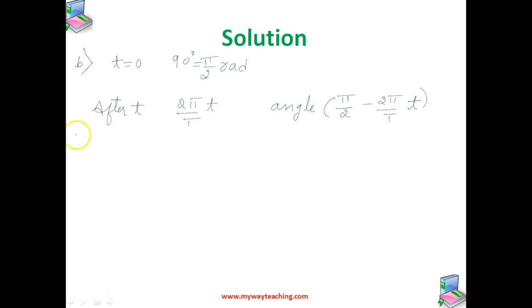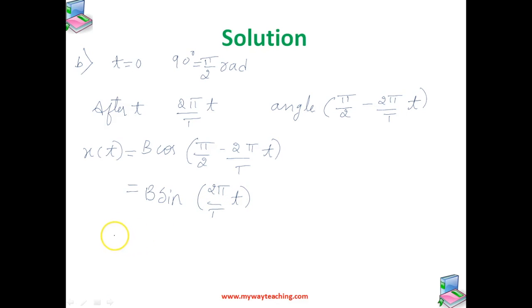The projection of OP on the x-axis at time t is x of t is equal to b cos(pi by 2 minus 2 pi by T t), which we can also write as b sine 2 pi by T into t.